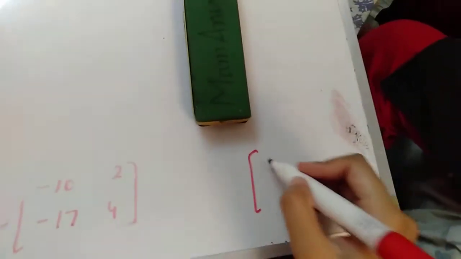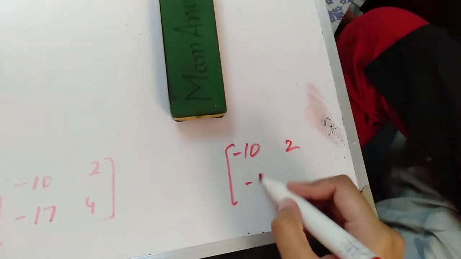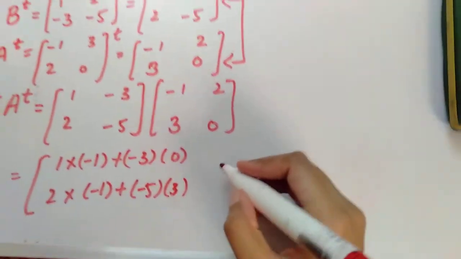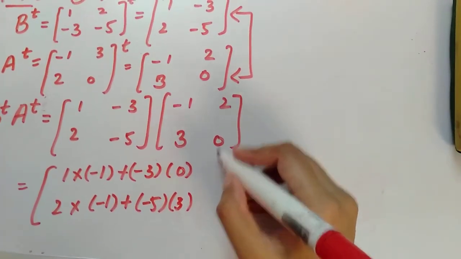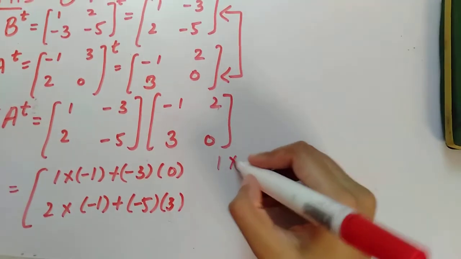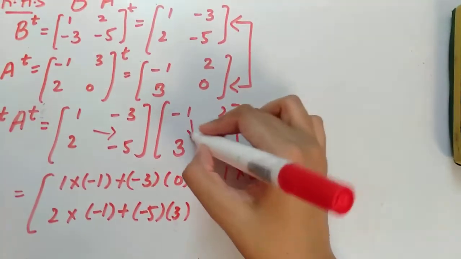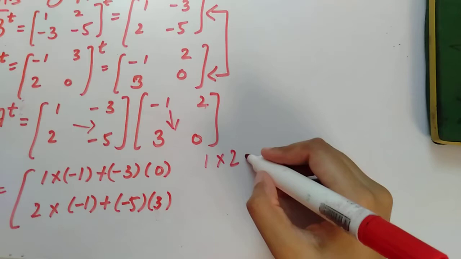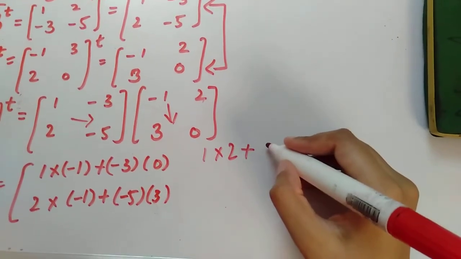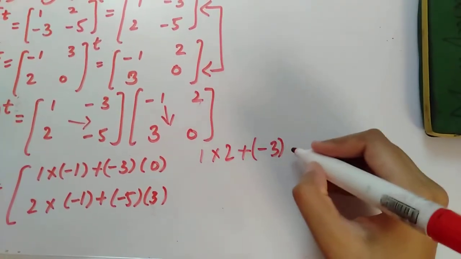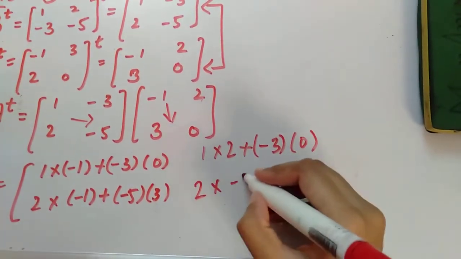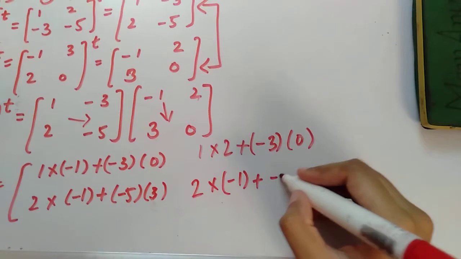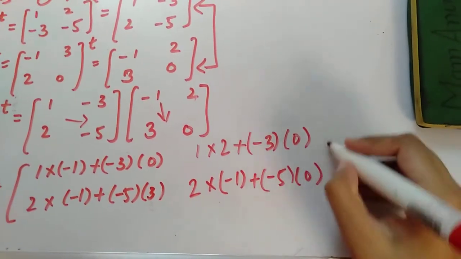Let me write the left hand side answer at the corner of the board so we can compare it. Now we will multiply the other row with the other column. 1 into 2, we will mark the letters. 1 into 2 plus -3 into 0 and 2 into -1 plus -5 into 0.